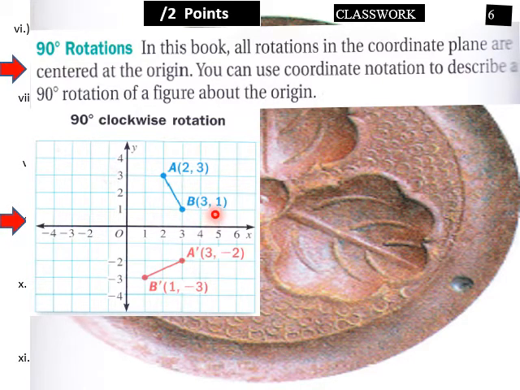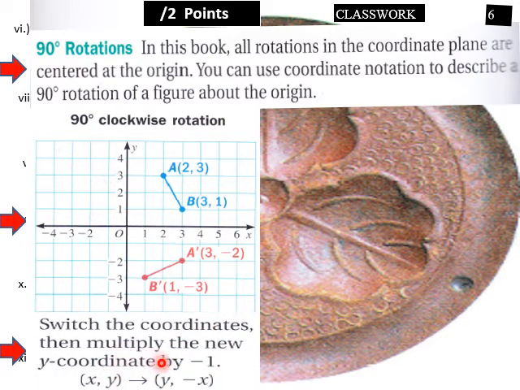So a rotation is when you change the positions of your x and y, and then you negate your x to become your new y. So this x is now a -3 y, and this x is now a -2 y. And this would be an example of a 90 degree clockwise rotation.